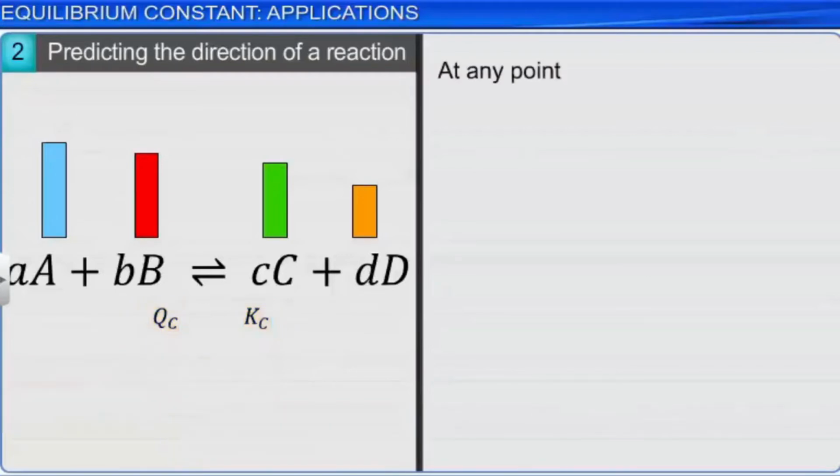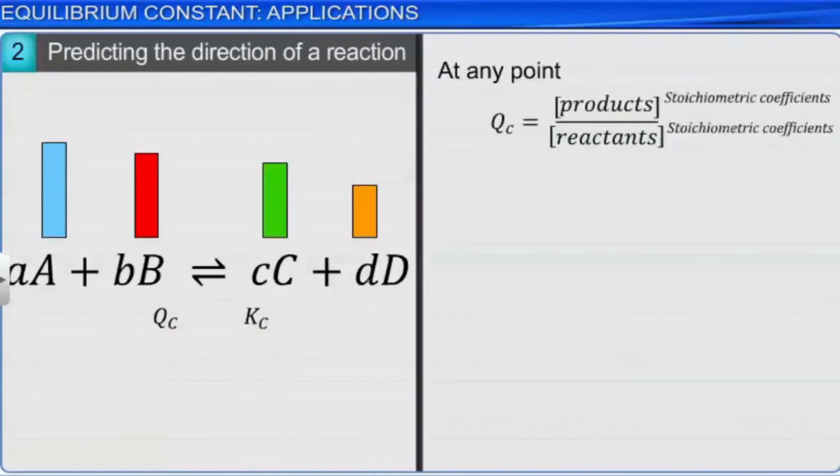At any point in a reversible reaction, the ratio of the concentration of the products raised to their respective stoichiometric coefficients to that of the reactants raised to their respective stoichiometric coefficients is known as the reaction quotient. Qc is used for molar concentrations and Qp for partial pressures.